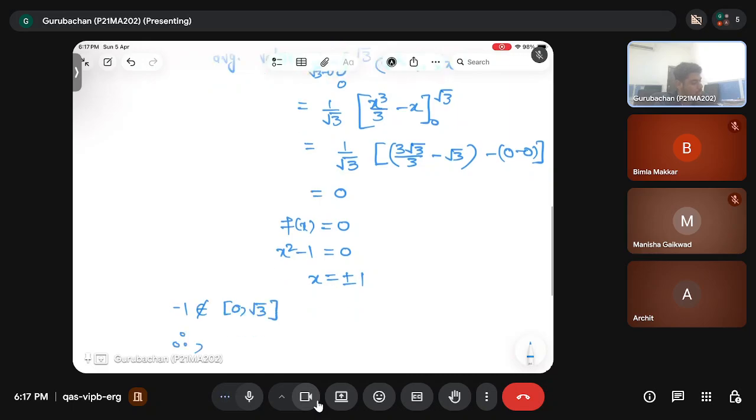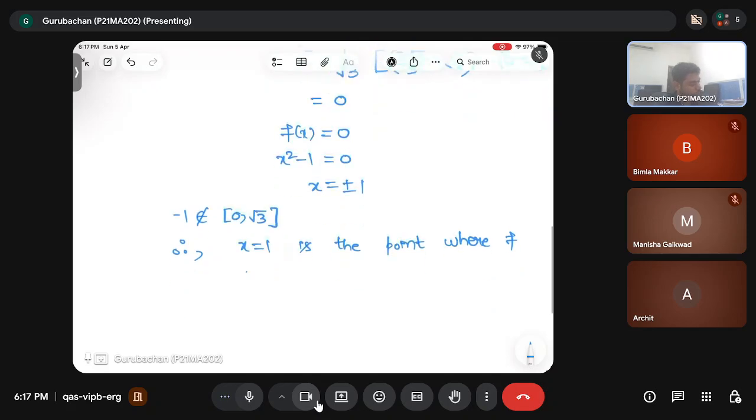Therefore x equal to 1 is the point where f assumes its average value. Clear?